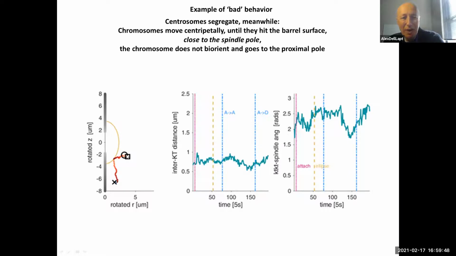They again move to the spindle, but they get to the spindle not close to the equator, but close to one of the poles. That will be important later. And then they didn't biorient. Kinetochores didn't stretch, the angle didn't go to 0. Instead, the whole chromosome went with one of the poles. So this is either syntelic or merotelic attachment. This is bad.